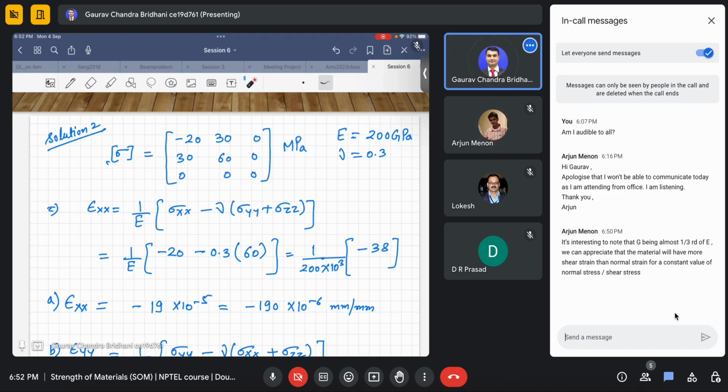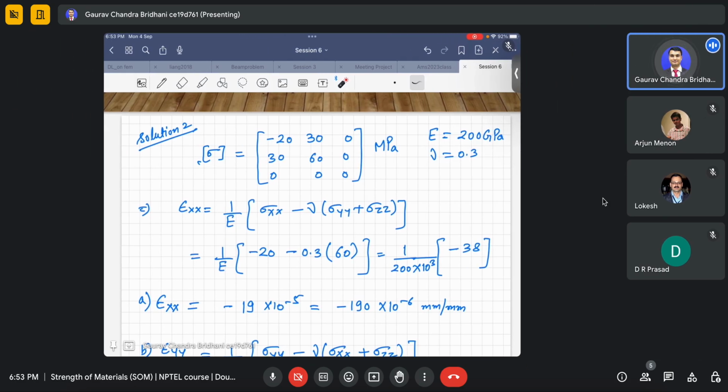Yeah, so we can say that, but obviously the ability of the material to resist shear strain will be lesser than that of the normal strain. And that's how we have seen the cup and cone fracture in the failure of mild steel bars.